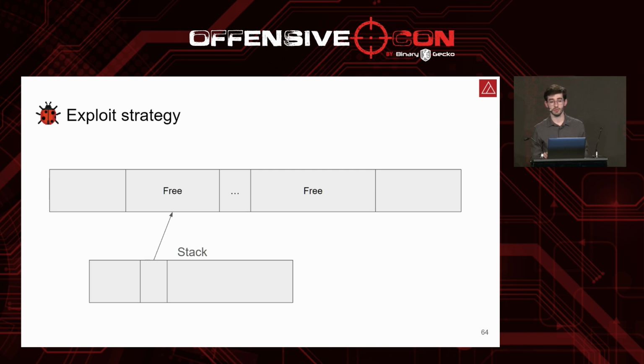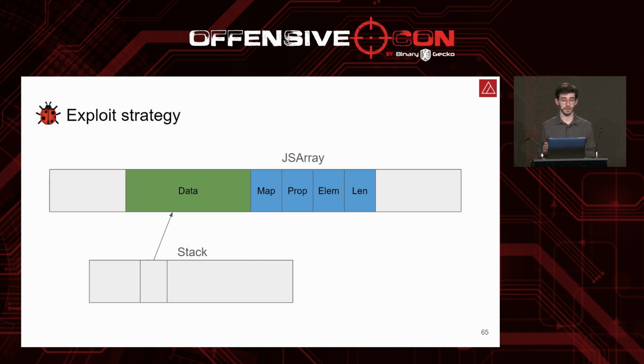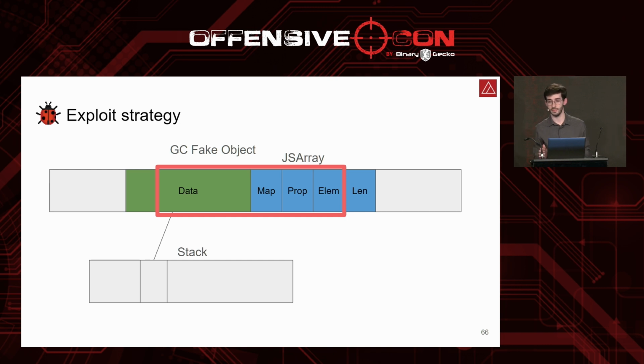And so we're now able to reclaim the memory that's pointed to by the stack. And our idea to exploit this is to place there a JS array and some data that will get interpreted by the GC to be a fake object that overlaps the JS array right up until its length field.